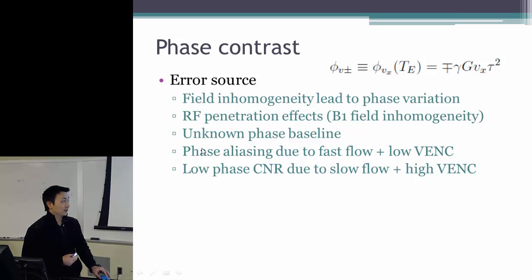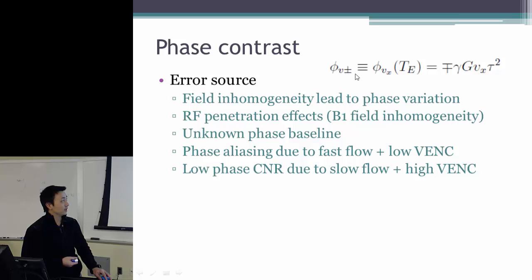And also, as we have seen before, there will be an unknown phase baseline, which can originate from different sources, maybe from the different coil elements, from the distance from the object to the coil, the amplifier, or something else.